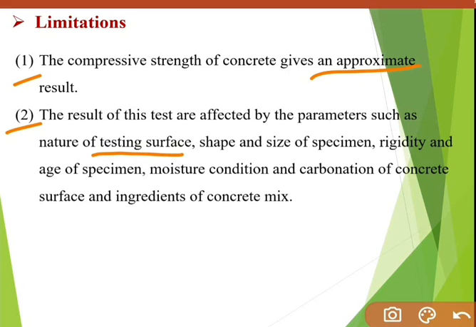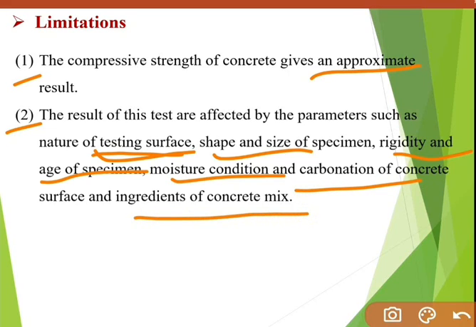Rebound hammer test is directly affected by the testing surface, shape and size of specimen, rigidity of that specimen, also age of that specimen, moisture conditions. If there is any carbonation, it also affects the rebound hammer test, and various ingredients of the concrete mix. So these are the factors which affect the rebound hammer test.